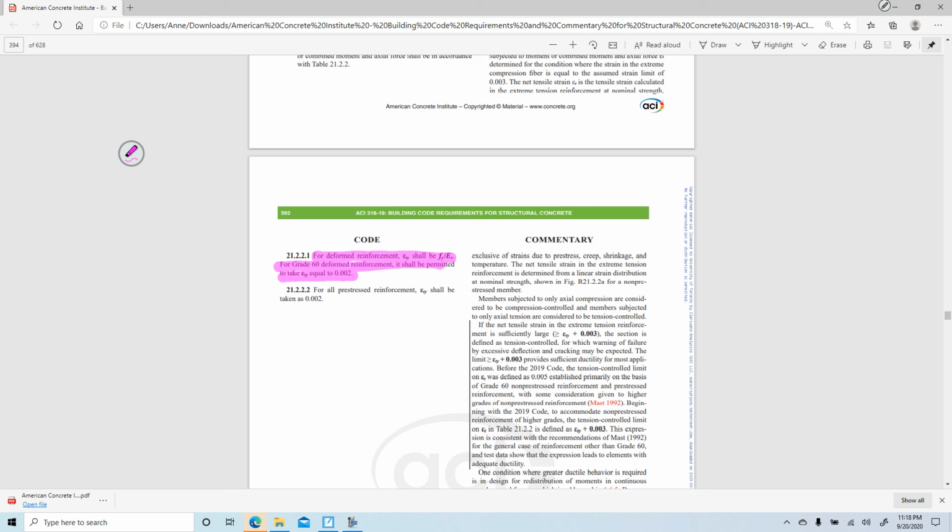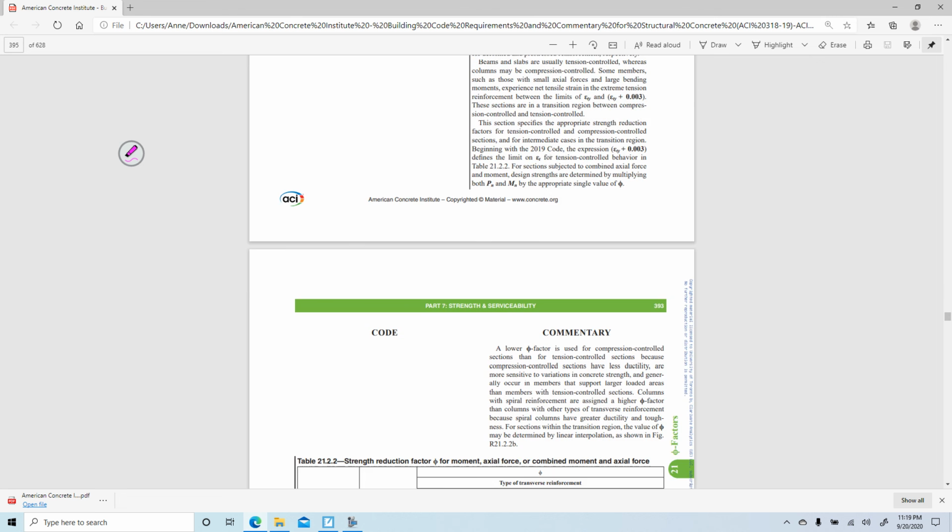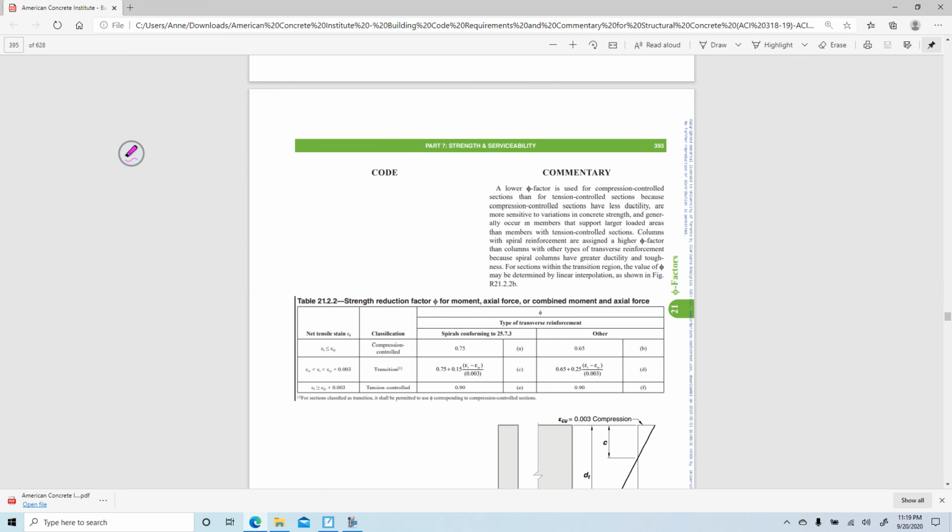You can take ETY equal to 0.002. We'll talk about that in a second. What I'm most excited about is this, the strength reduction factor for moment, axial or combined. If my strain is less than my yield, I'm compression controlled.